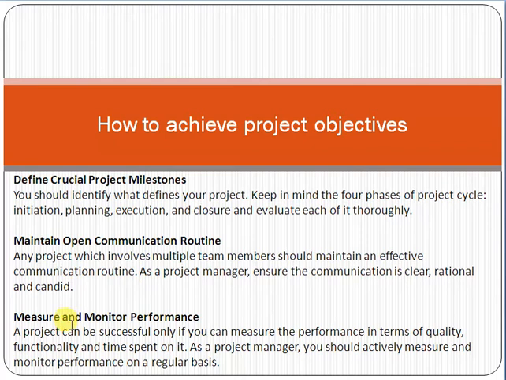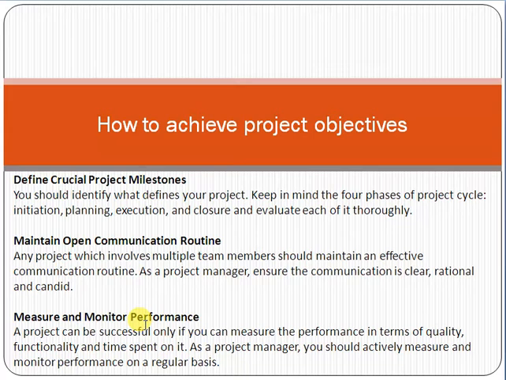Then the next point is to measure and monitor performance. Friend, as a project manager, your monitoring and controlling skills should be very excellent. You should be able to conduct the status meetings, steering committee meetings, and meetings internally with your internal stakeholders, with customers, with the senior management from your side or from the customer side.